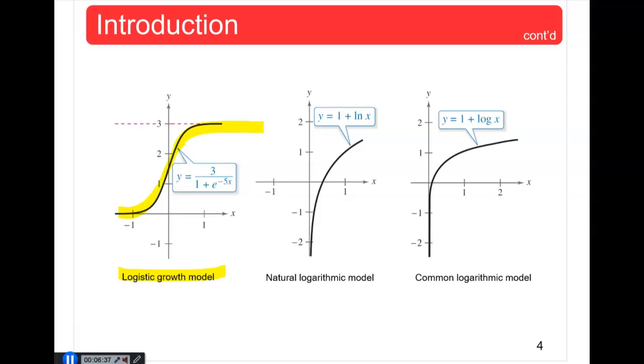And of course, we will also revisit the concept of that horizontal asymptote. We also have the natural log. That's the graph. So we have a shift of 1 unit up because we have this 1 right here. And then the common log, which is base 10. So remember, this is base 10.